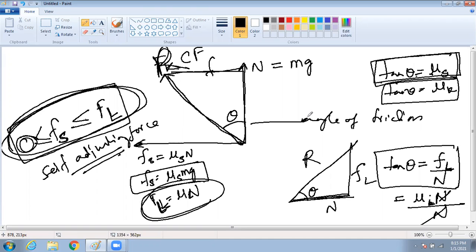Why will weight be considered? Weight is not going inside, no? Does the body have any motion downwards? No, sir. The body will only move this side or that side, yes? Yes, sir. That's why we are not considering it. Clear? All of you clear? Yes, sir. Okay.